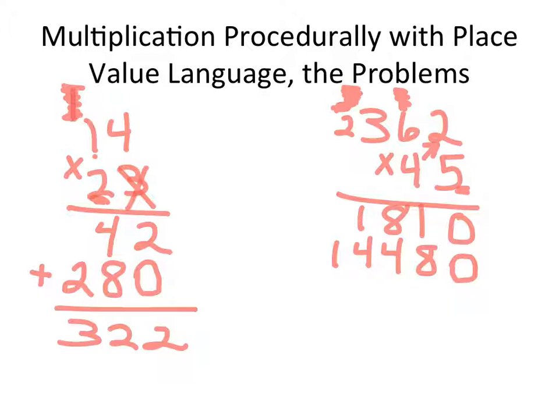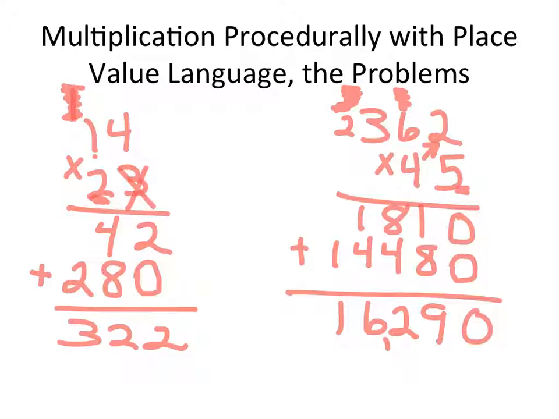That would mean 14 thousands because I'm multiplying this times tens. So I'm taking hundreds times tens, which would mean thousands. So if I add these together, I get 16,290.